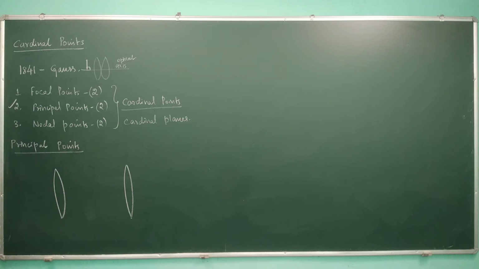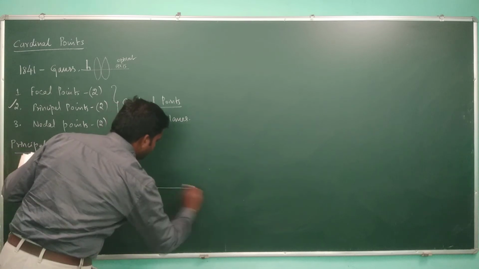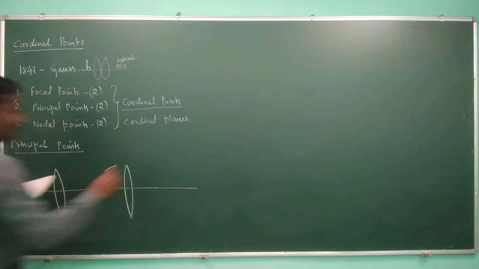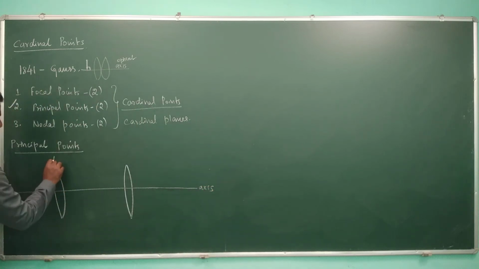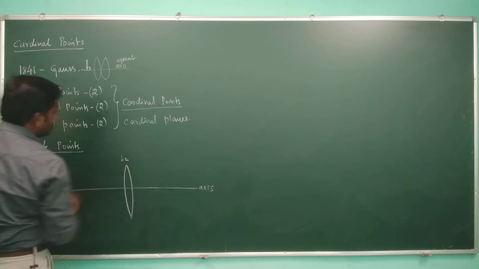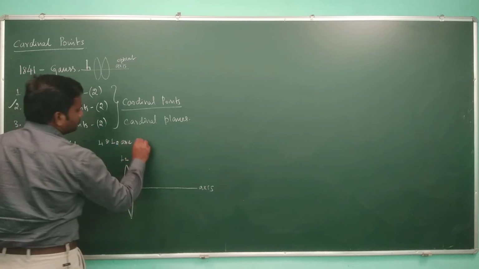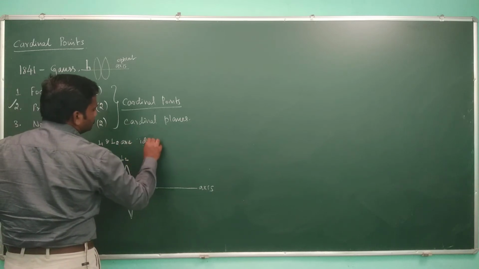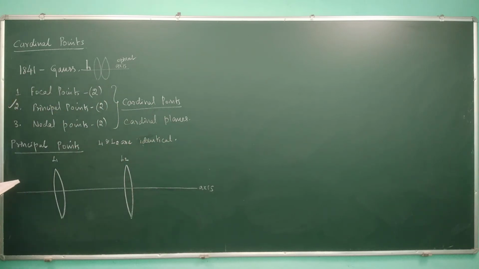My diagram may not be ideal, but I hope this will be useful to understand the concept. Now this is the axis, this is lens 1 and this is lens 2. Lens 1 and lens 2 are identical. These are the assumptions.